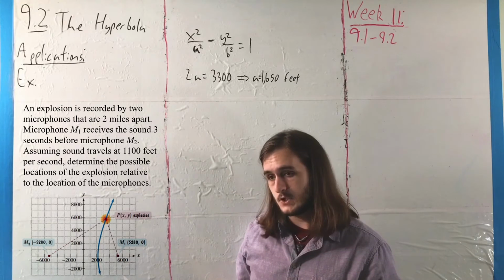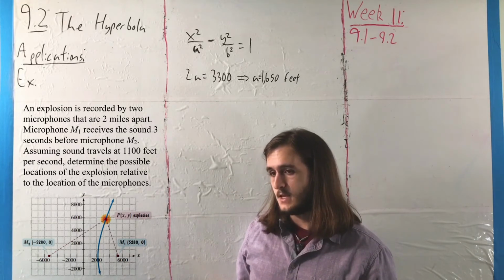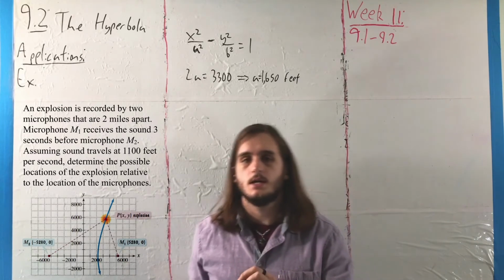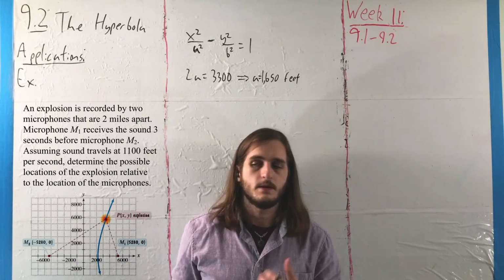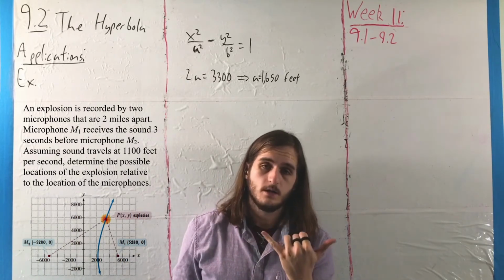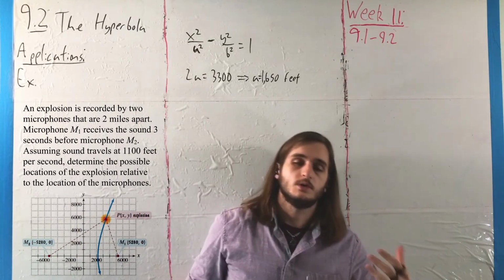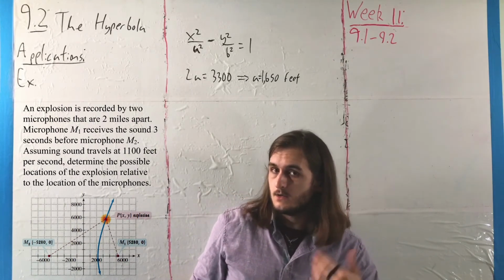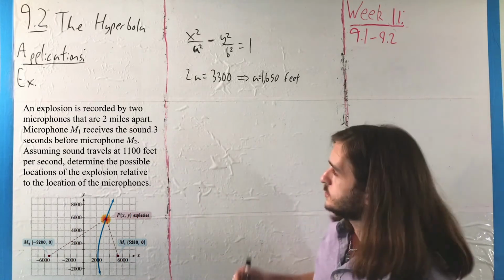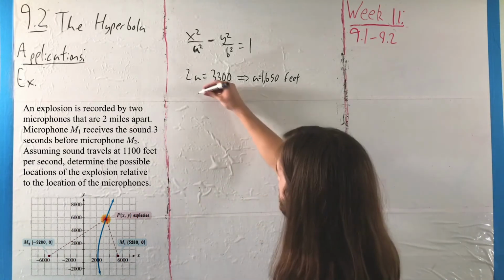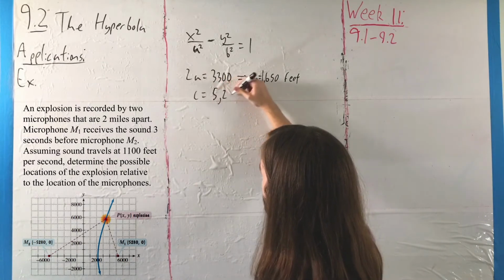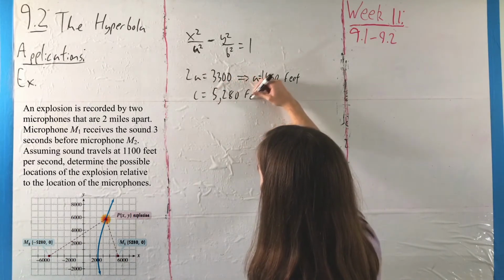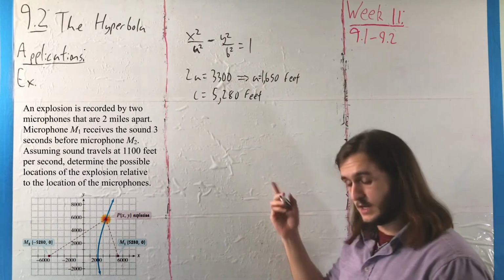Because the center is the origin, and these microphones are 2 miles apart, the distance that either is to the center is 1 mile, or 5,280 feet. That is, our value for c is 5,280 feet. So we have a and c.